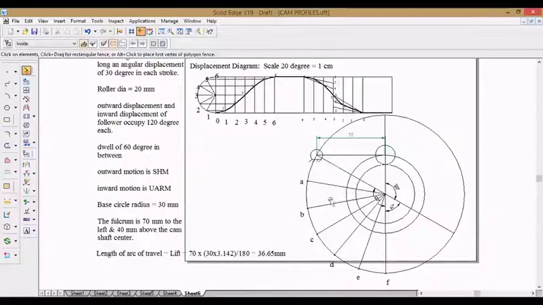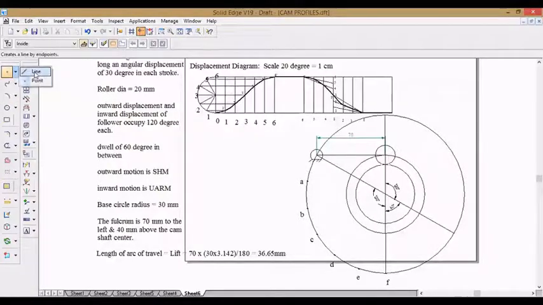We divided the circle into 6 equal parts to get A, B, C, D. Similarly, you divide the return stroke also into equal parts. Anyway, 120 degree is there. You divide that also, the 120 degree line.